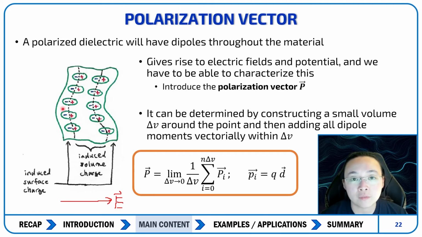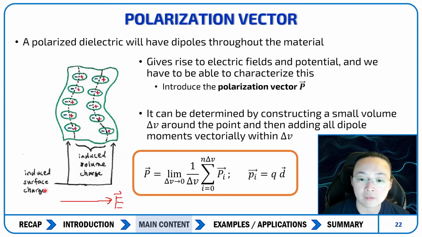Now, for all of the dipoles that are located on the left surface of this object, the negative side of the dipoles will be exposed, and on the right side of the object, the positive side of the dipoles will be exposed. So we know that we do have some sort of induced surface charge on each end. But what's also important is there will be a charge inside the volume itself, unlike a conductor.